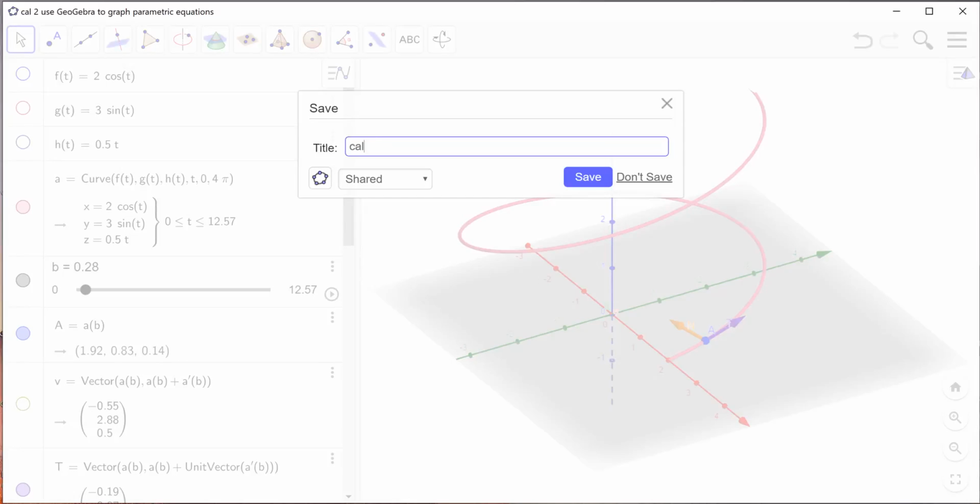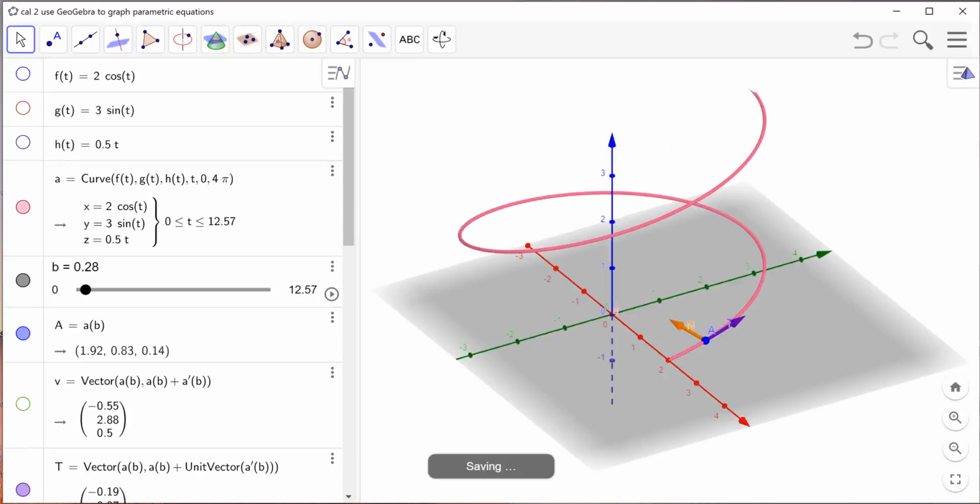This is Calculus 3, and we use GeoGebra to draw parametric curves. Okay, so save.